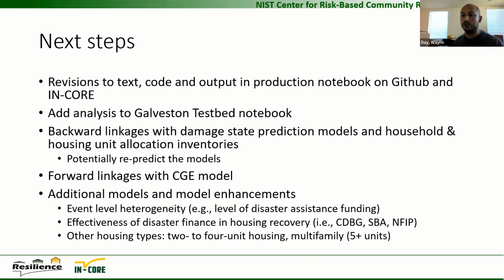So we include those to account for differences in financing, differences in community characteristics, and other housing types as well. We're predicting single family housing, but we want to be able to predict 2 to 4 unit, multifamily, and other housing types as well. So that's essentially what we've got out there, and that's the end.